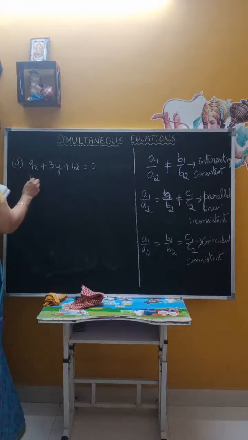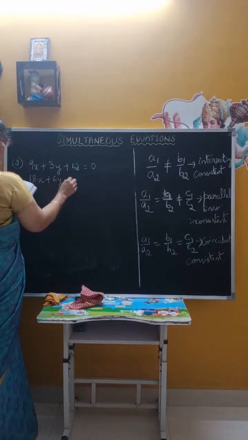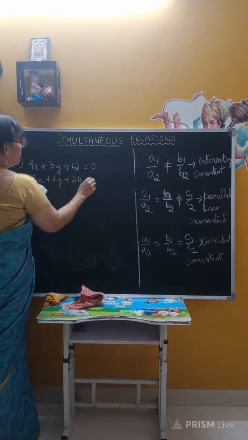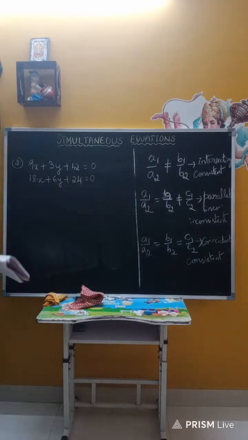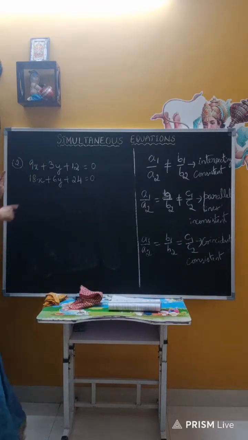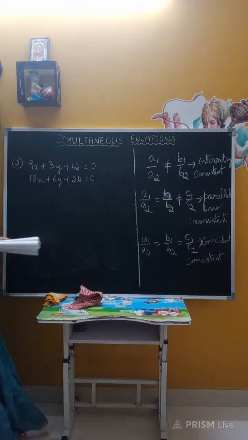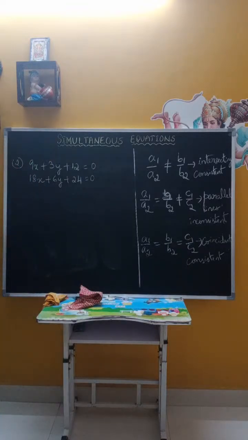And second equation 18x plus 6y plus 24 is equal to 0. 9x plus 3y plus 12 is equal to 0. 18x plus 6y plus 24 is equal to 0. So this is the pair of linear equations or simultaneous equations.